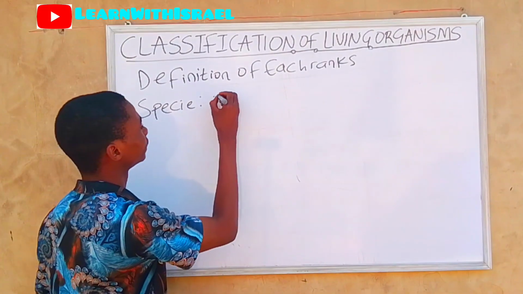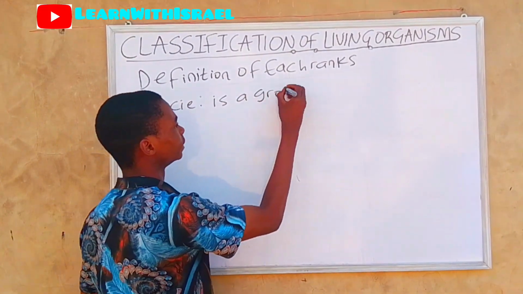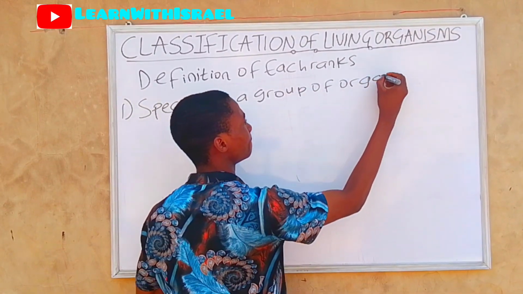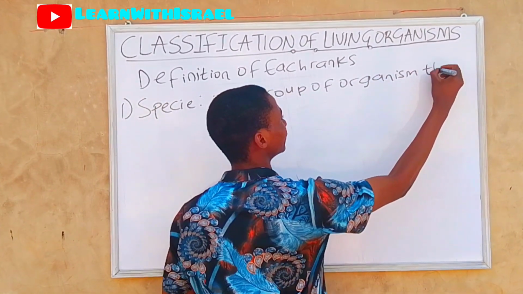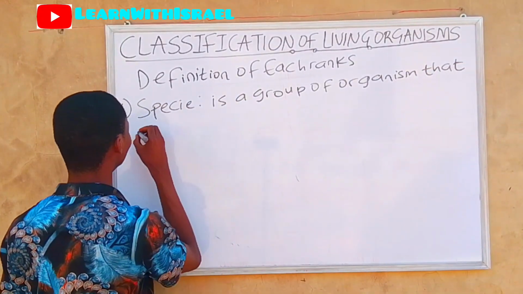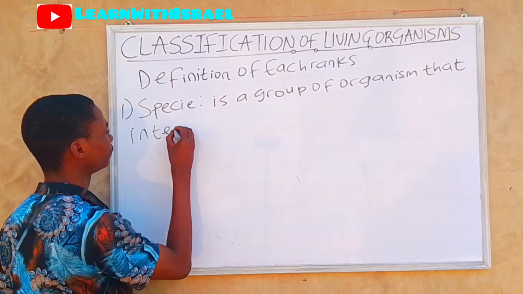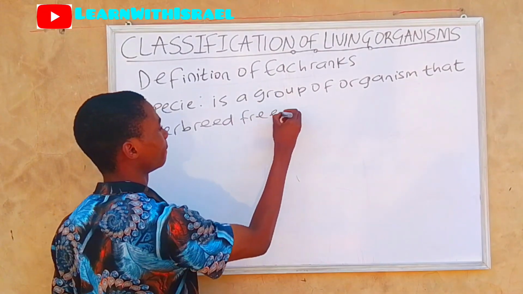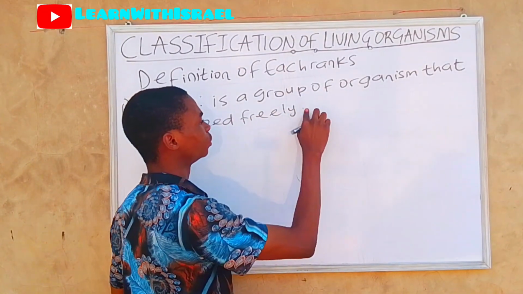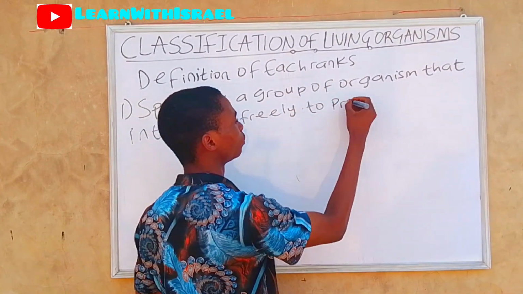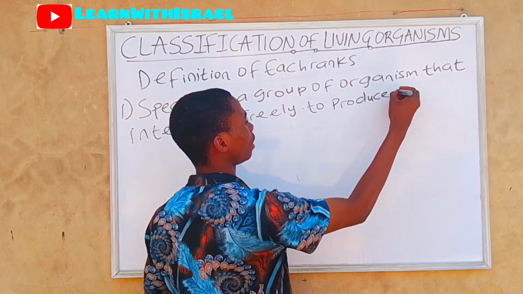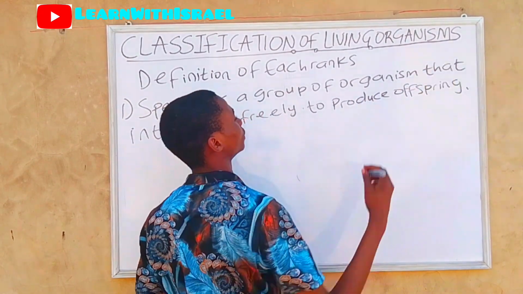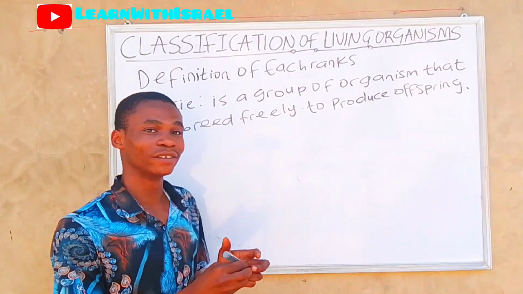Species is a group of organisms that interbreed freely to produce fertile offspring. So that's the definition for species.